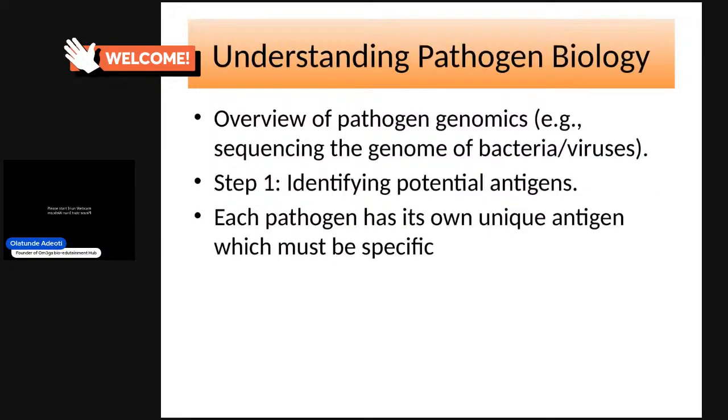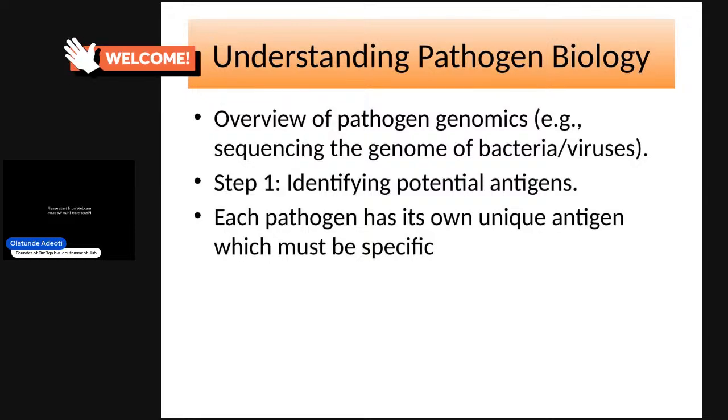So understanding pathogen biology, under normal circumstances, you need to pick. Do you want to work on bacteria, or on viruses? You need to pick a pathogen, that is, a disease-causing organism. Which one are you going to pick to design a vaccine for?